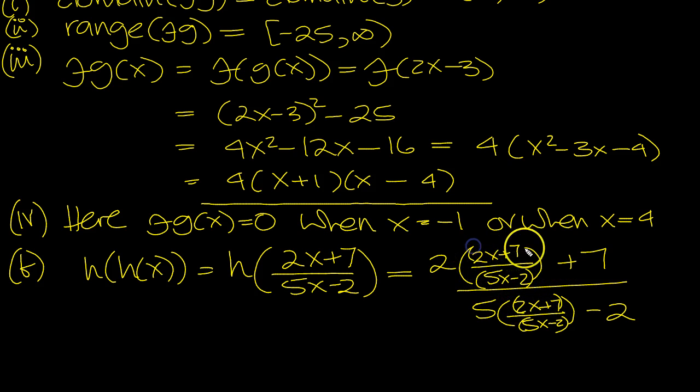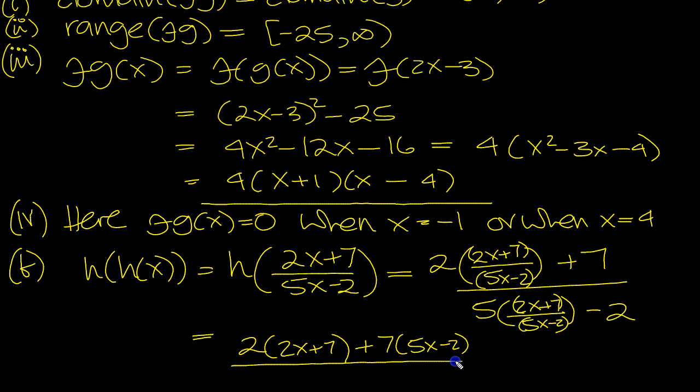Okay, so I'm going to put little brackets around here because we're going to move things around. Multiply top and bottom by 5x minus 2. We'll remove it from underneath here, but it will pop up on the top. And underneath, we'll have 5 times 2x plus 7 again, and minus 2 lots of the 5x minus 2.